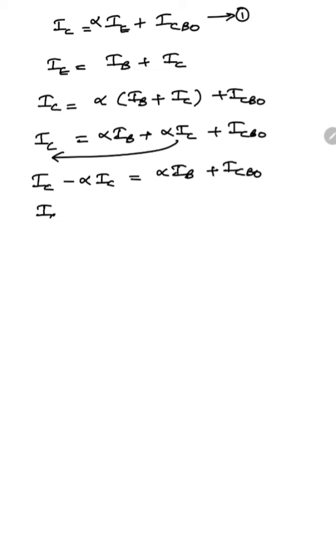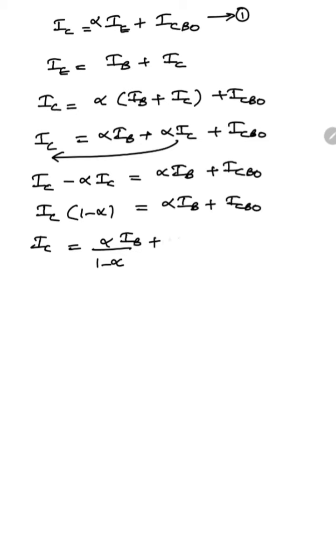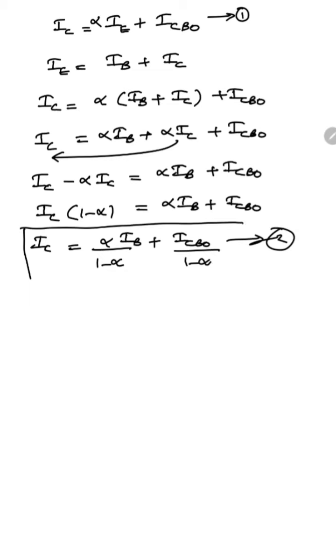So IC into 1 minus alpha is equal to alpha IB plus ICBO. From that we get IC is equal to alpha by 1 minus alpha IB plus ICBO by 1 minus alpha. This is equation 2. And this equation is known as the expression for collector current.